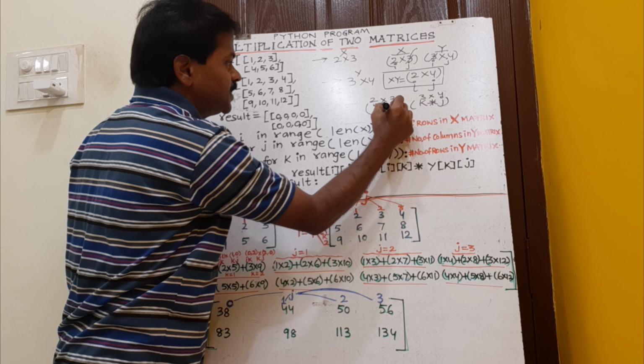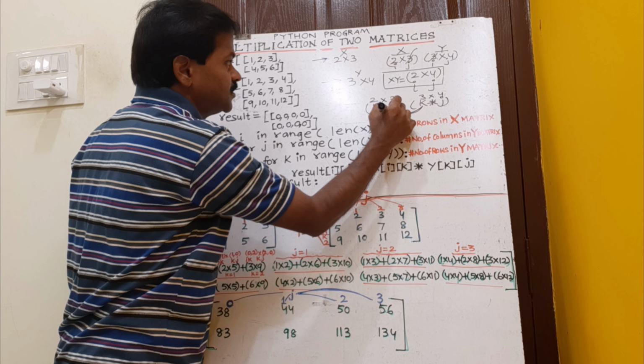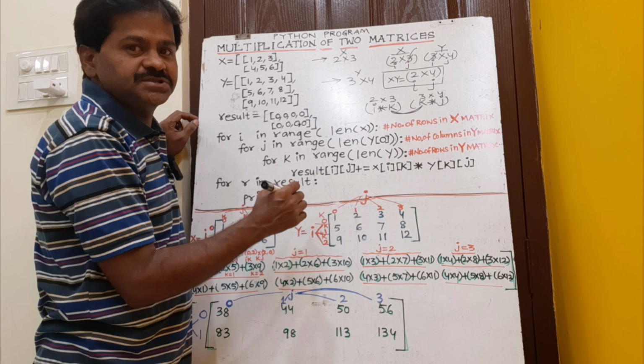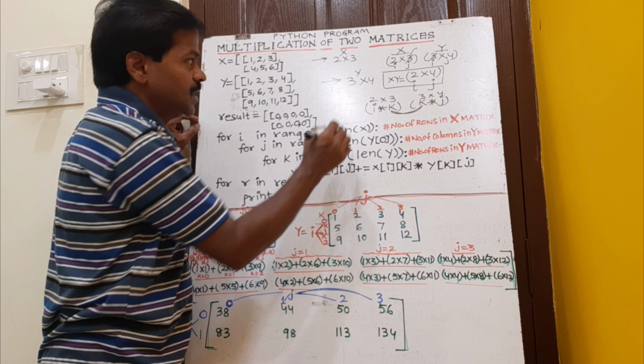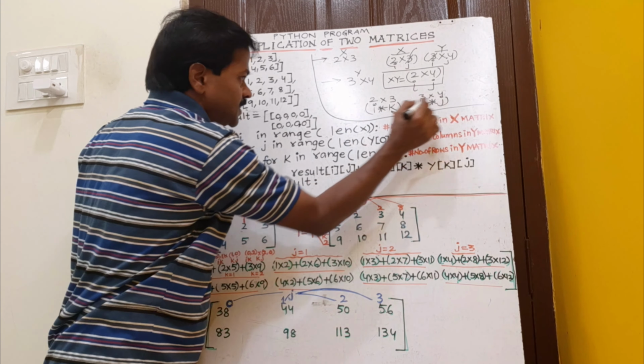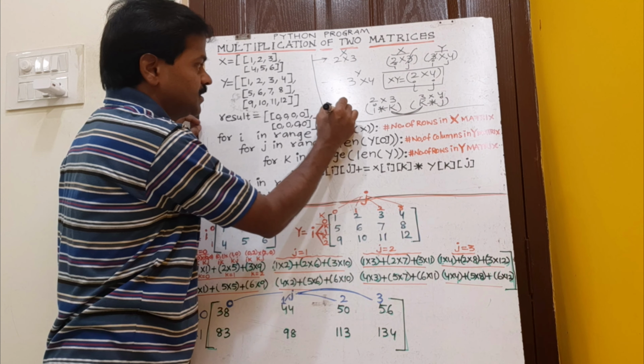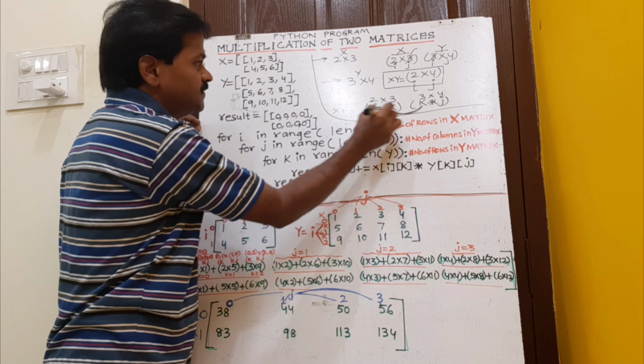The K values should be equal, then only multiplication is possible, otherwise it is not possible. This we will use in our programming logic for the result matrix.